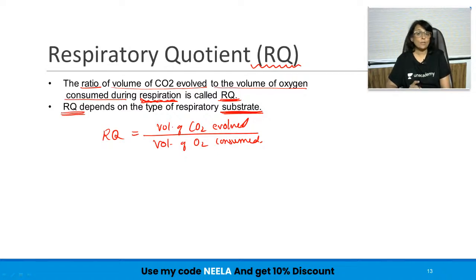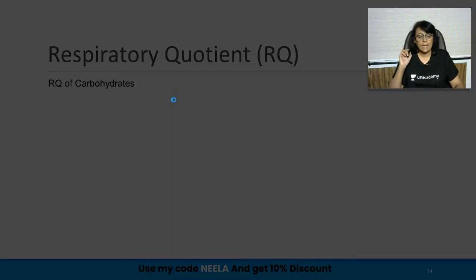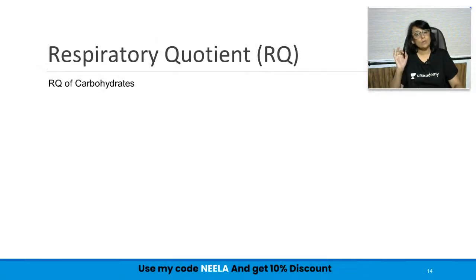So how do we calculate RQ? For that, we need to know a reaction. If you know the reaction, you have to just place the values in this particular formula and you will get the RQ. So what I have done is, I have written down the reactions for you which are balanced.